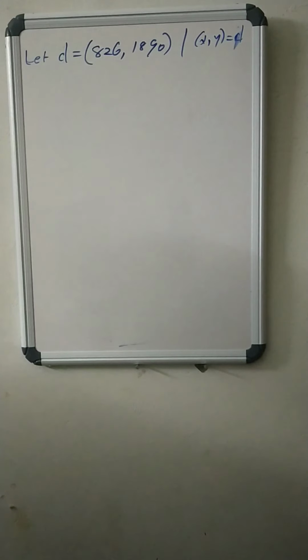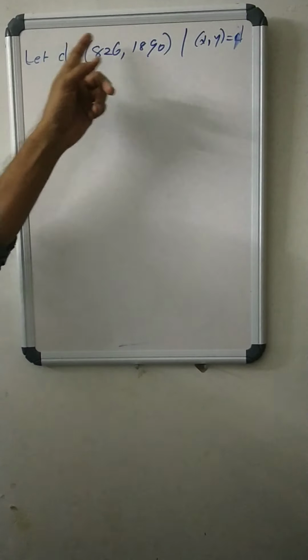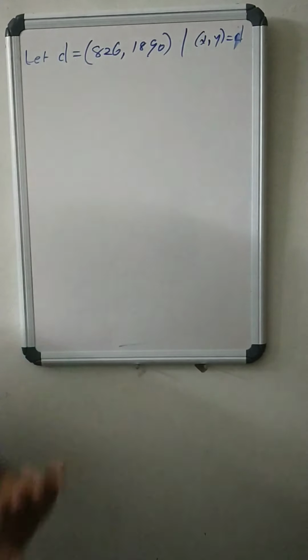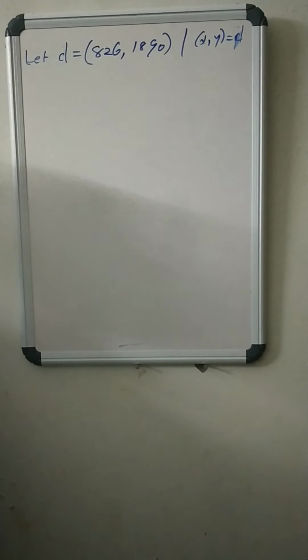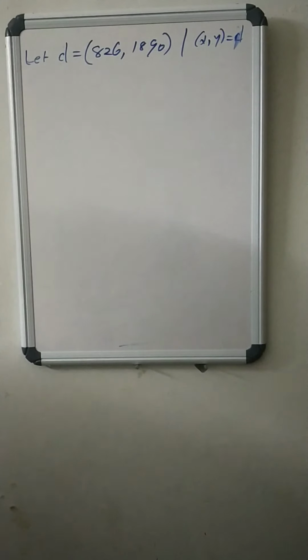Okay. So here we find the GCD of 826 and 1890, and our assignment is to express D as the linear combination of 826 and 1890. The process is followed by the Euclidean algorithm.